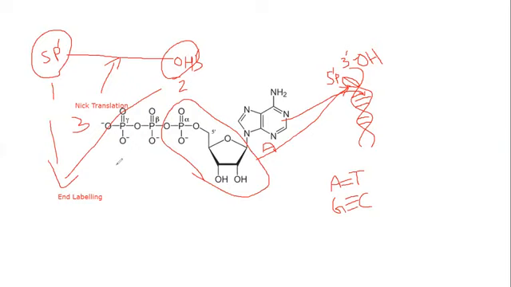We have to remember which phosphorus is going to be used. Say, for example, if we are going to use the same one here, we have to remove this one, and then this gamma phosphorus should be labeled, that is, P32 can be used.